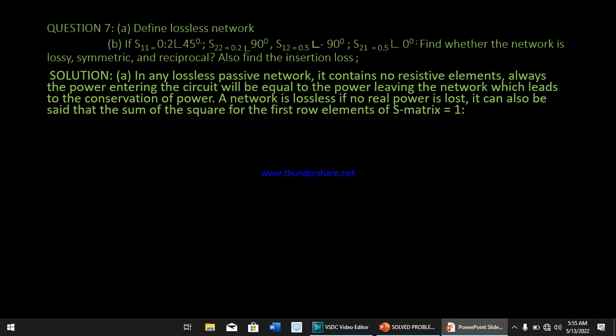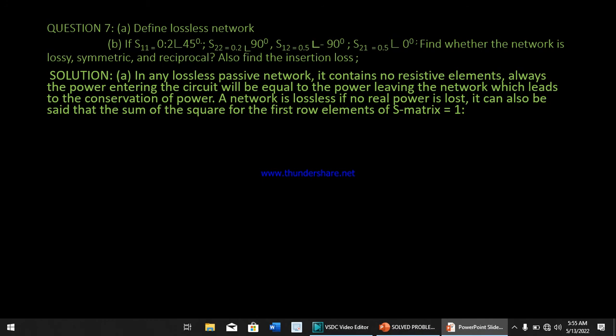The A part of the question says, define lossless network. In any lossless passive network, it contains no resistive element. Always the power entering the circuit will be equal to the power leaving the network, which leads to the conservation of power.